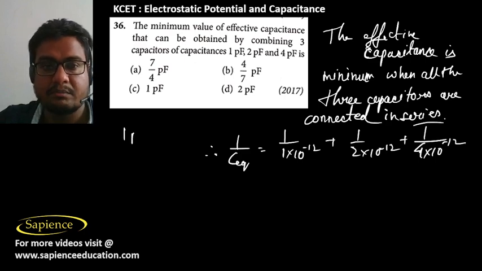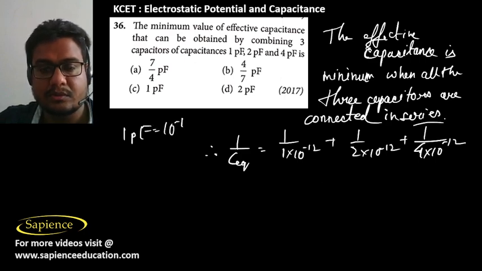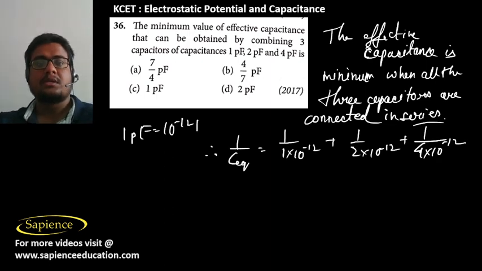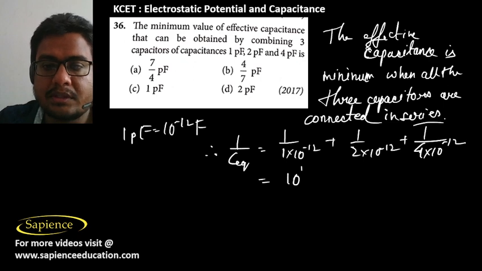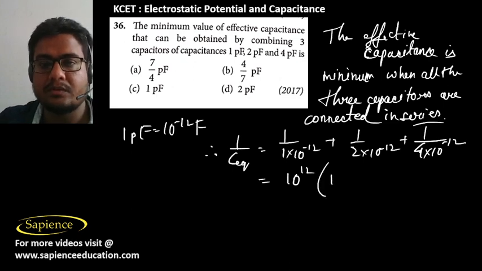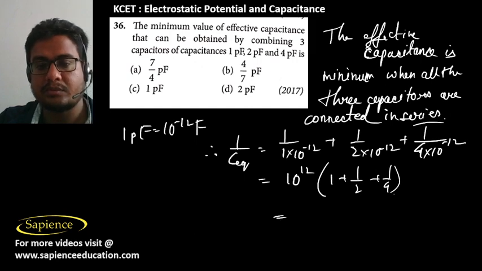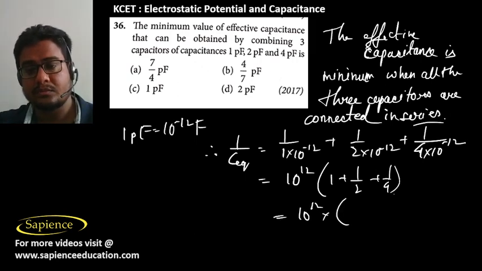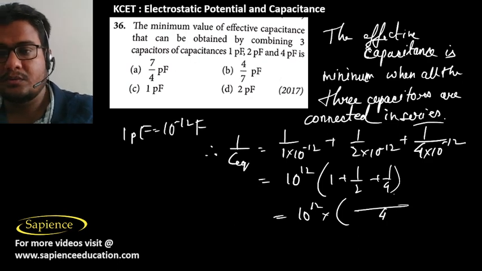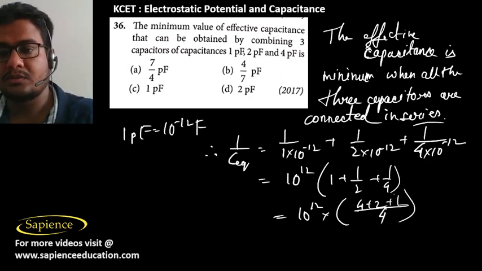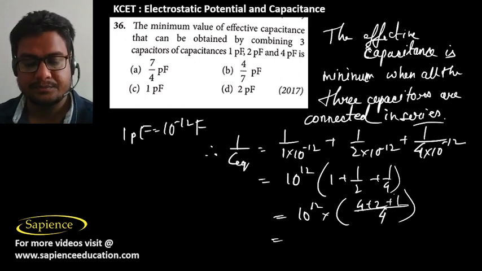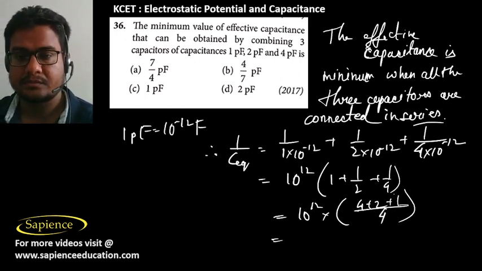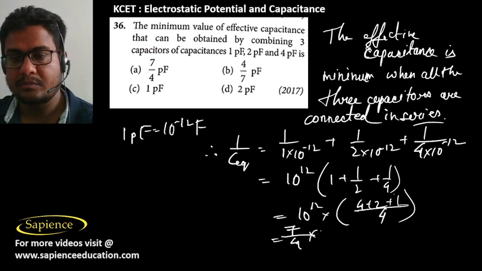Since 1 picofarad means 10 power minus 12 farad, I can take 10 power 12 as common. Then this will be 1 plus 1 by 2 plus 1 by 4, equal to 10 power 12 into, so the LCM is 4, this is 4 plus 2 plus 1, that is 7 by 4. So this is 7 by 4 into 10 power 12.